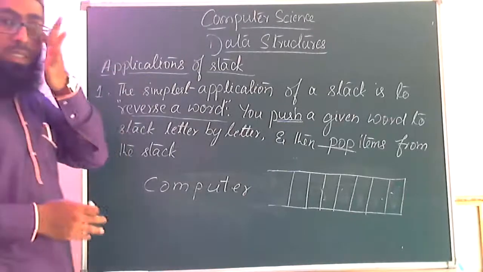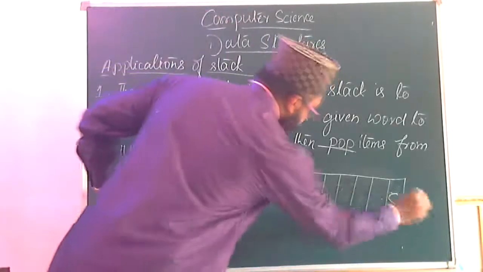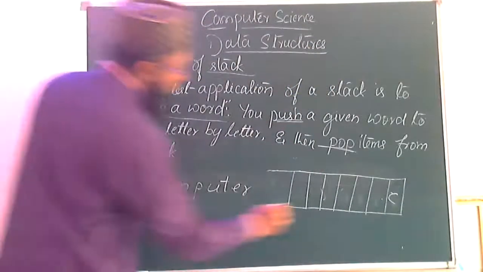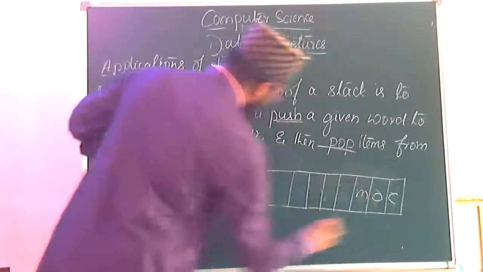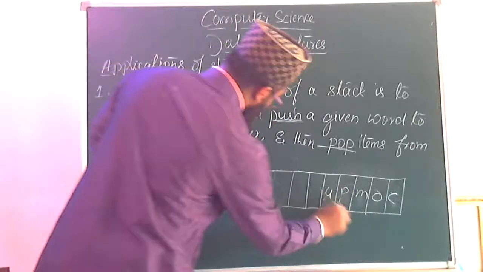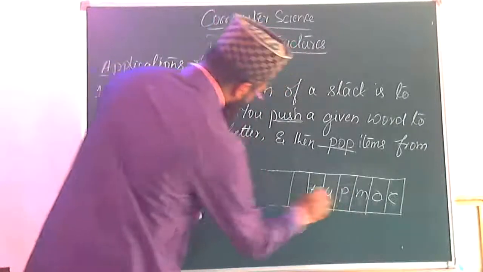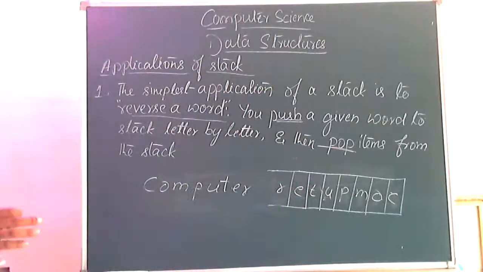Now we will start to insert the word computer into the stack. First we will insert C, then O, then M, then P, then U, then T, then E, and finally at last R. We have inserted.